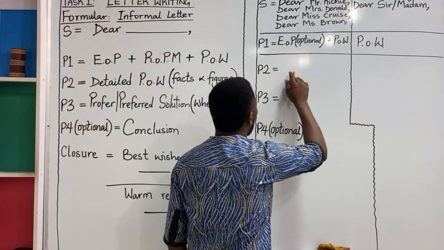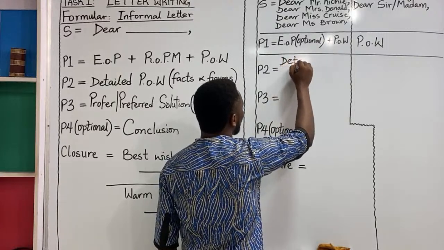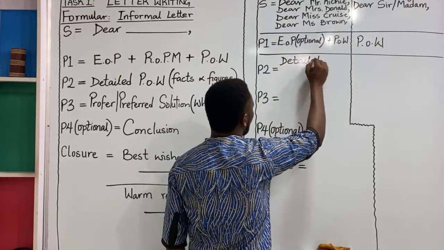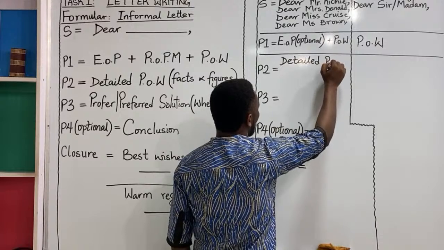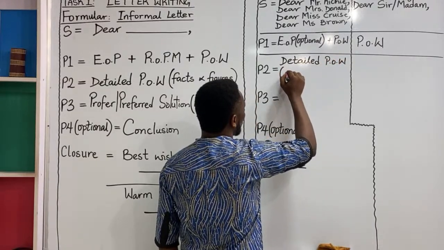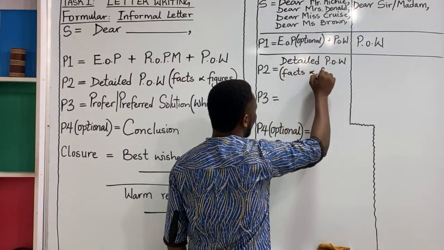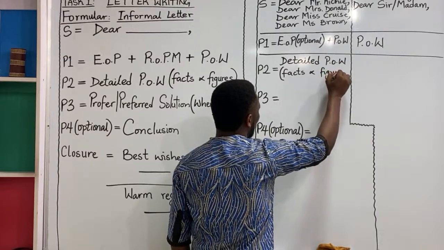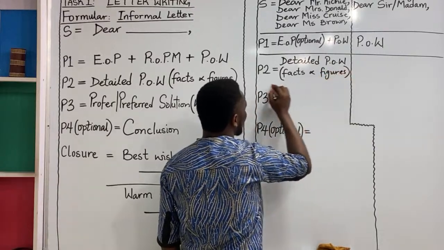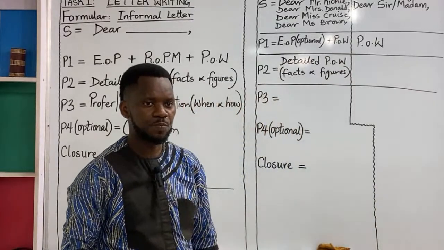For your second paragraph, you are to give the detailed purpose of writing. And this requires you to show some facts and figures. Okay?